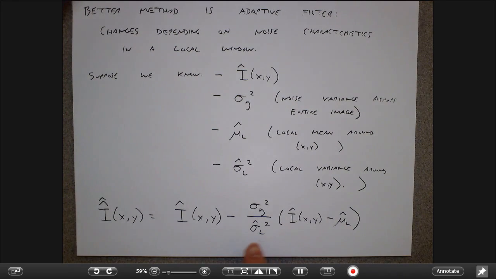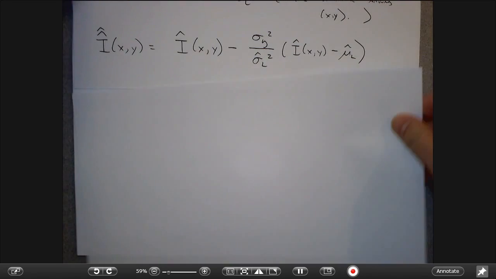So what we're doing here is making a decision based on comparing the local variance to what I think has globally been added to the image, right? So let me scroll up a little bit.